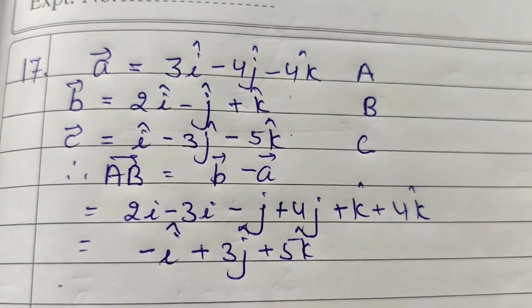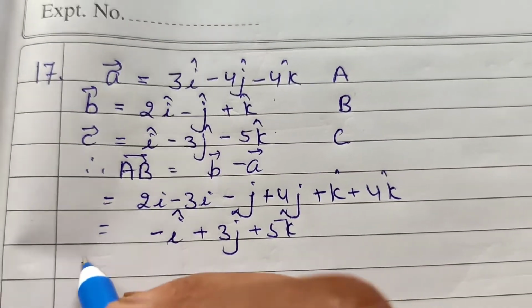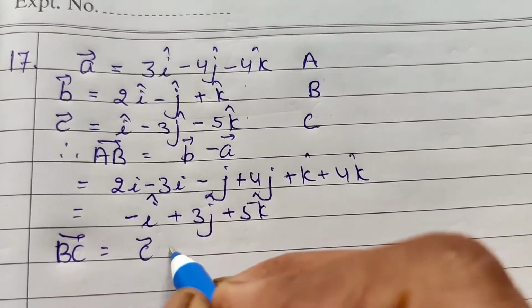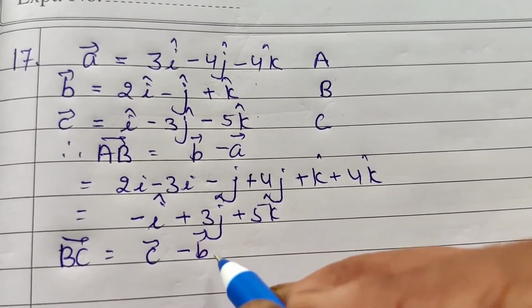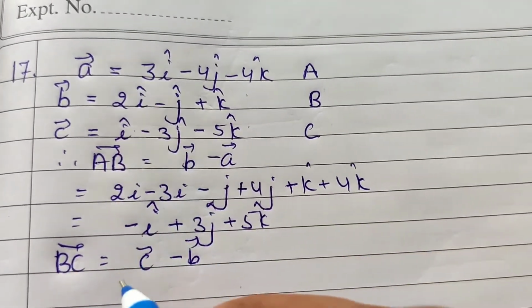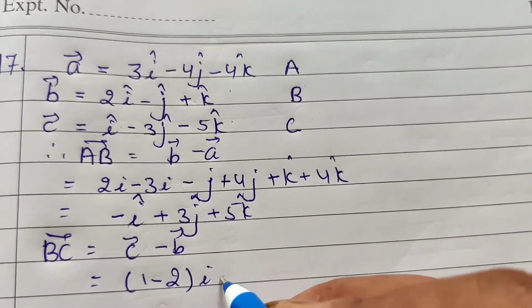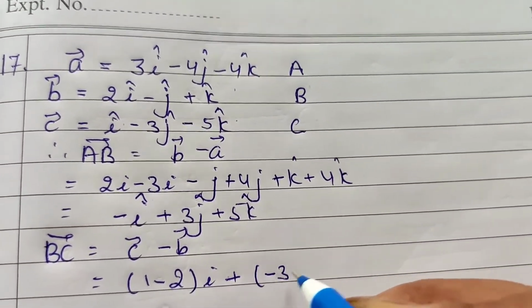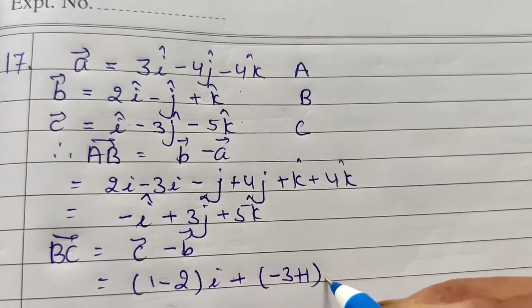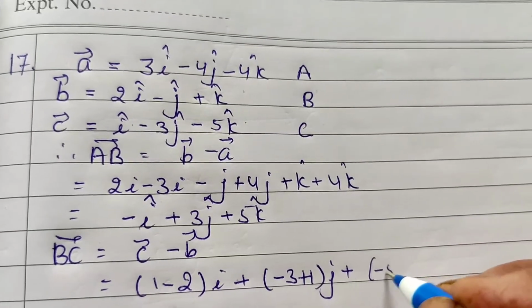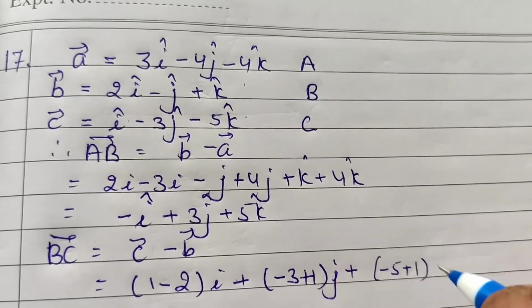Okay, now side BC. Side BC means C vector minus B vector. C minus B: 1 minus 2i, plus minus 3 plus 1 j, and next minus 5 plus 1, minus 1.